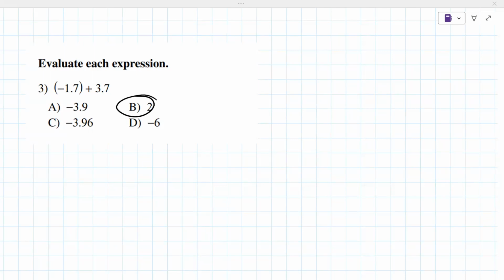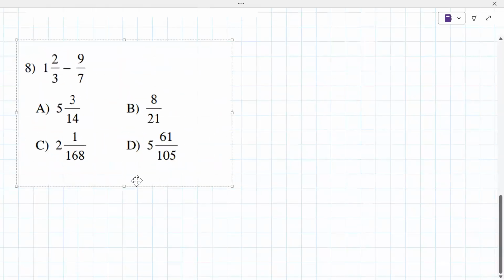Let's try another one here. This is fractions. You may want to make a common denominator.